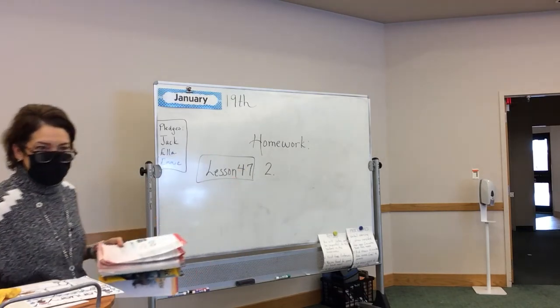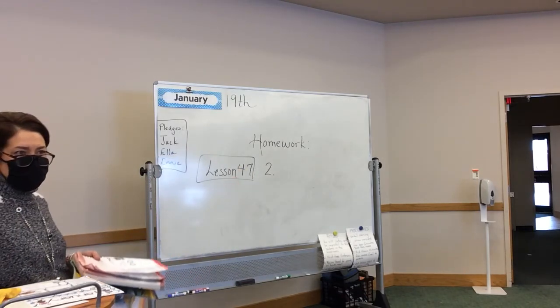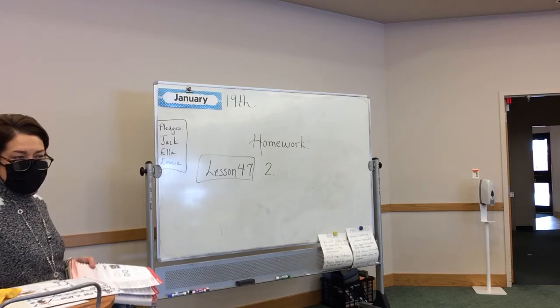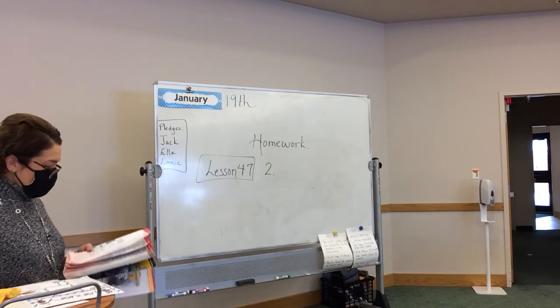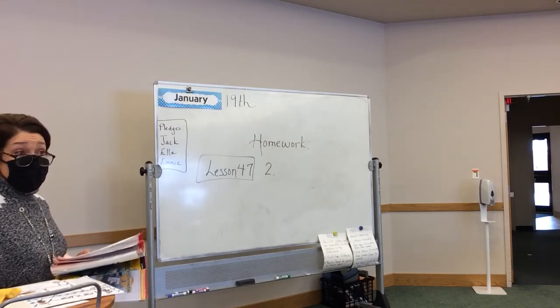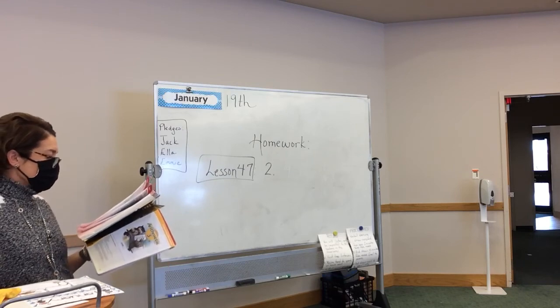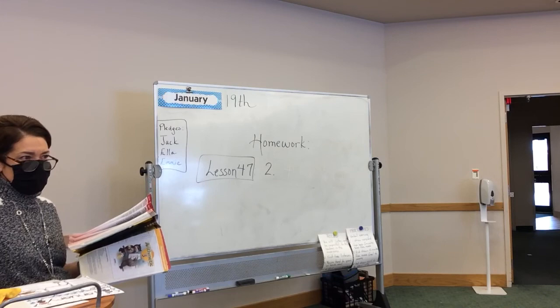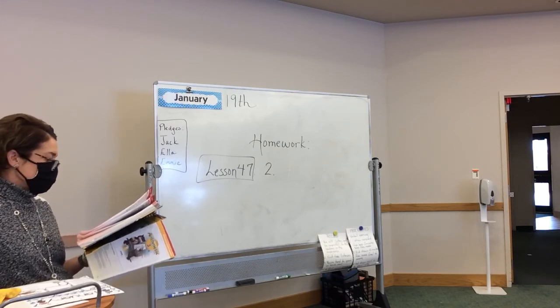How many shells? Raise your hand if you could tell me. Are we adding, subtracting, multiplying, or dividing? Grayson? Multiplying? No. You want to find something equal. Share them equally. Jeremiah? Dividing? Yes.